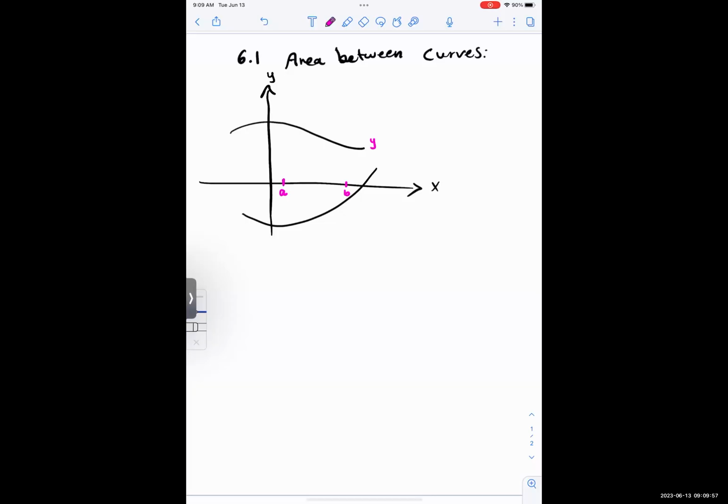Let's name one of them f of x and the other one g of x. Now you want to find the area between these two curves, so from A to B, you want to find this area.